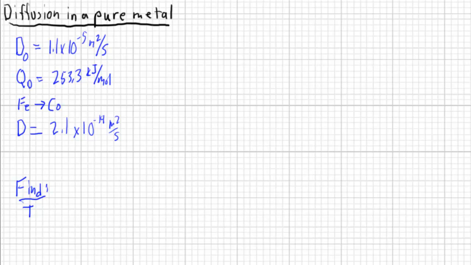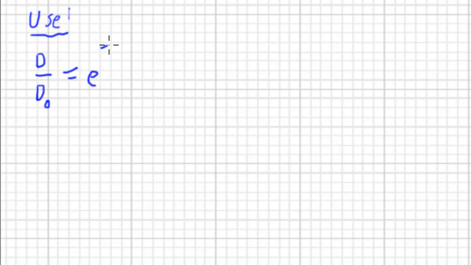Well, I'm going to use our diffusion equation, which is D over our pre-exponential equal to e to the negative QD over RT.